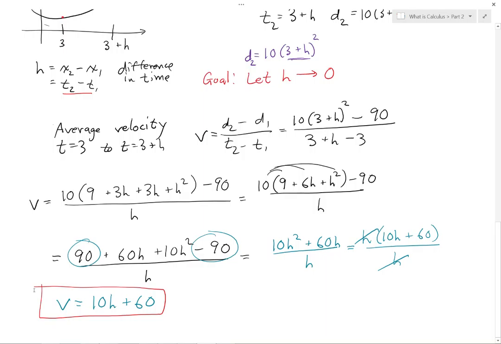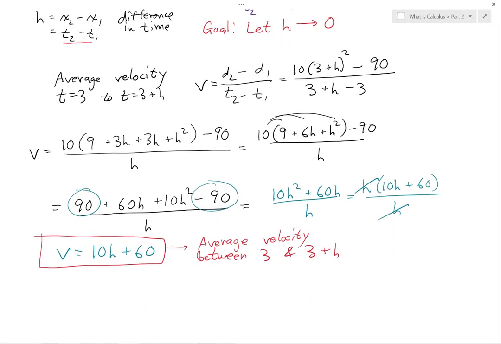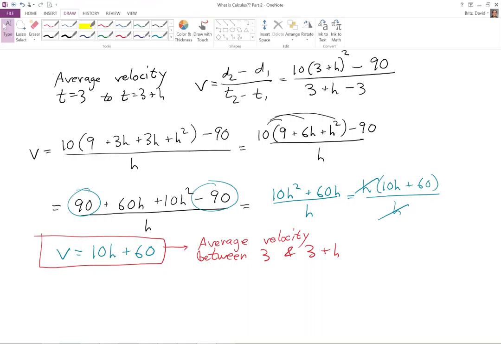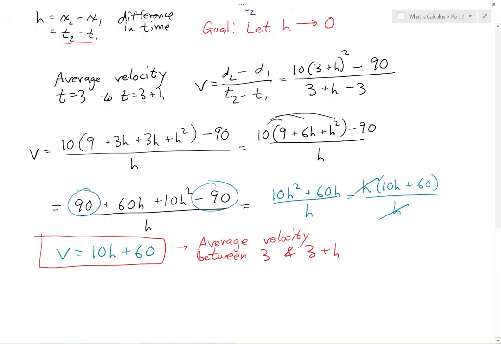So just to recap, what is this? This is the average velocity between 3 and 3 plus h. Okay, we're getting there. Finally, if I let h equal 0, let's think about what that means.